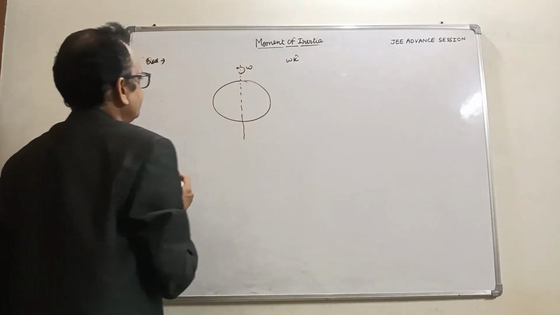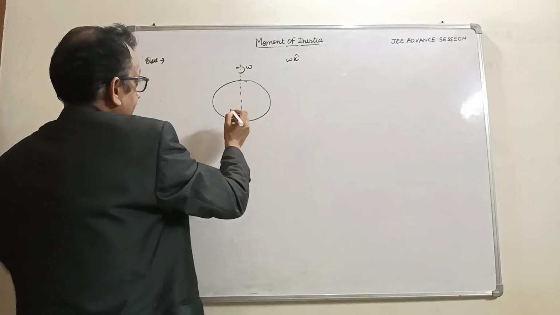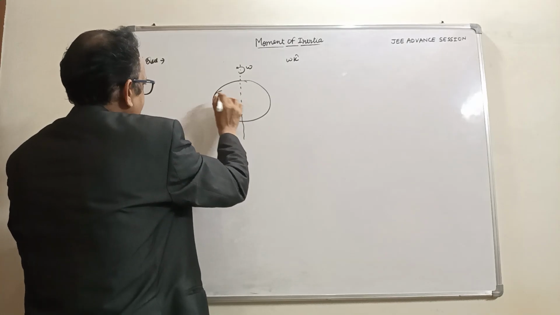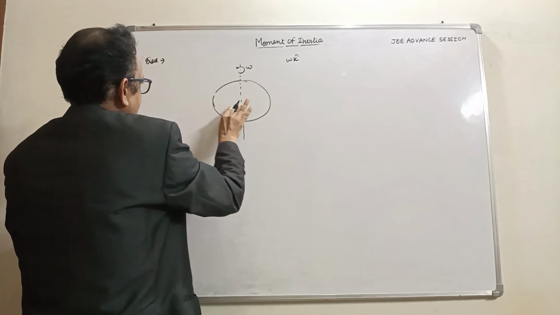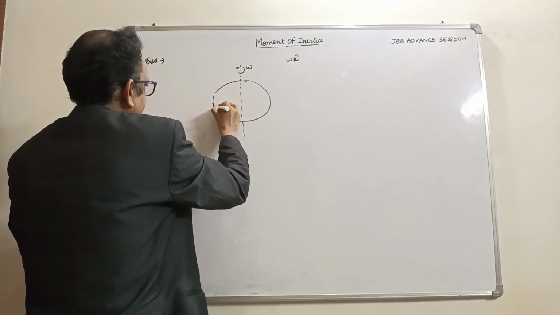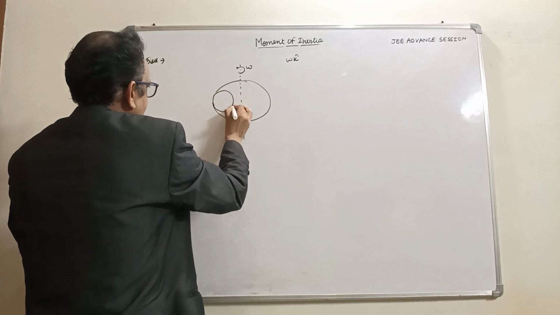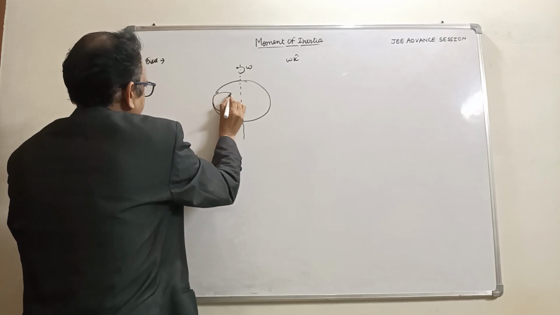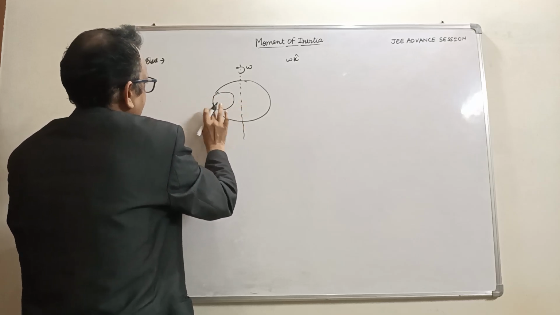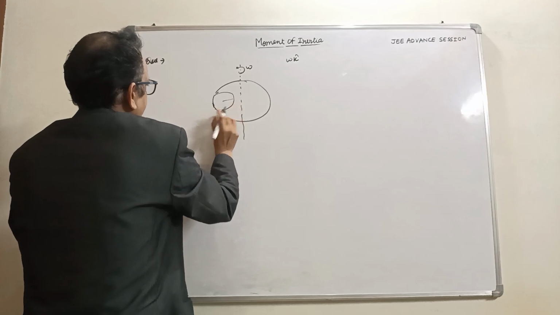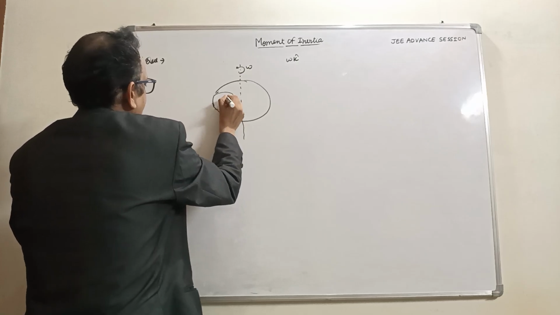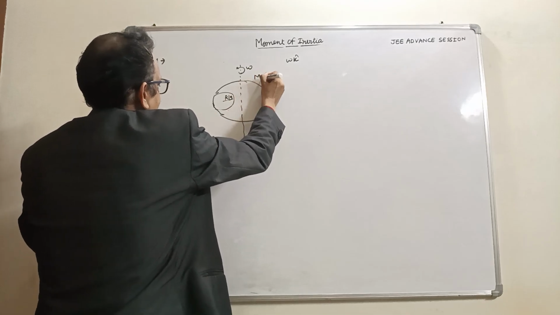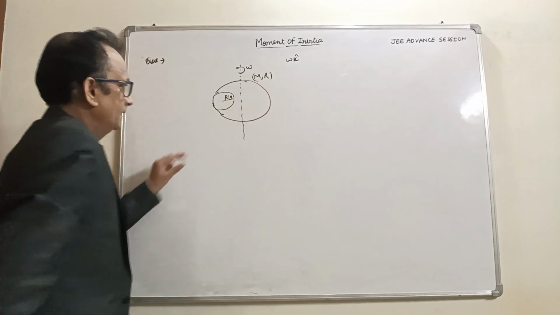We have to find, when a cavity is made inside this disk, a cavity of this type, the radius of the cavity is r/3 and the disk having mass m and radius r.